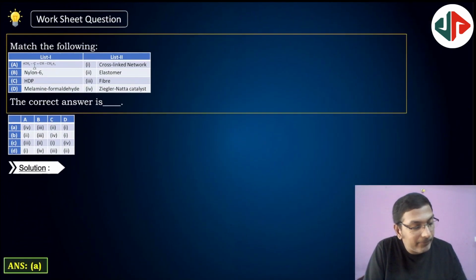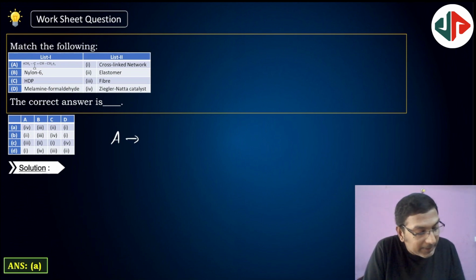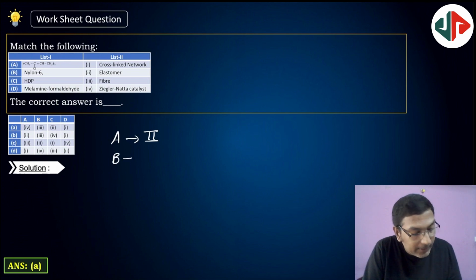Second question. So just matching. Here option A is rubber, which is elastomer, A2. B, nylon 6,6, is 3, which is fiber.